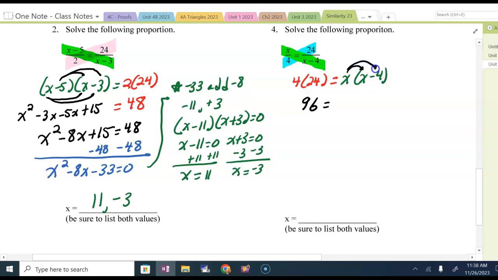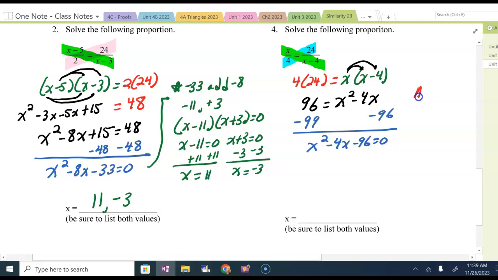And then we'll distribute. And then distributing in green, we'll get x squared minus 4x. We'll subtract 96 from both sides. And we'll get x squared minus 4x minus 96 is equal to 0.